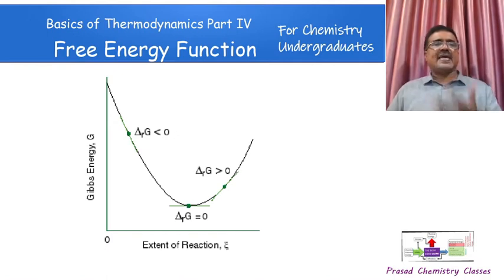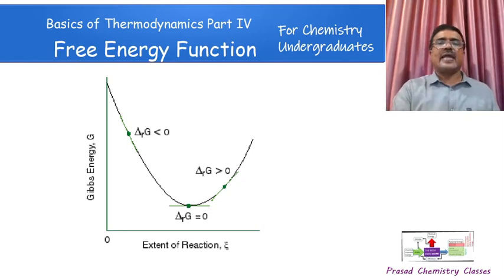And if you are considering a reaction with reactants and products, it will look like that. And what is the delta G for the reaction? Delta G for the reaction is not a constant quantity. Look at the graph, it will be continuously varying. Because what is delta G for a reaction?